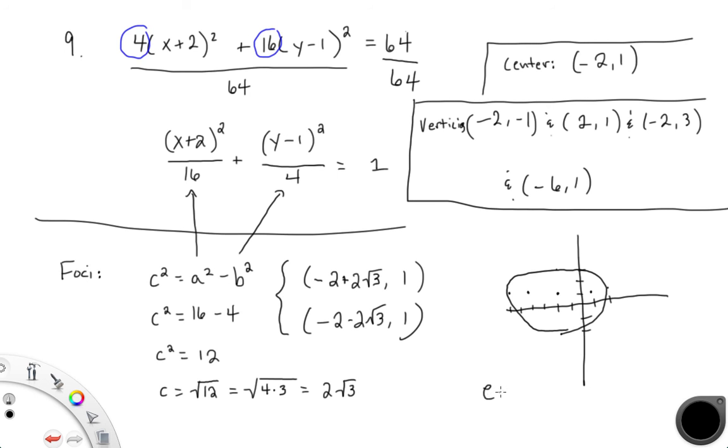So in our case, E is just going to be C divided by A.